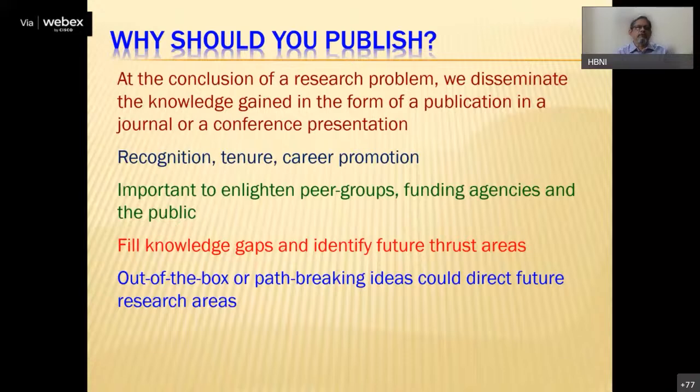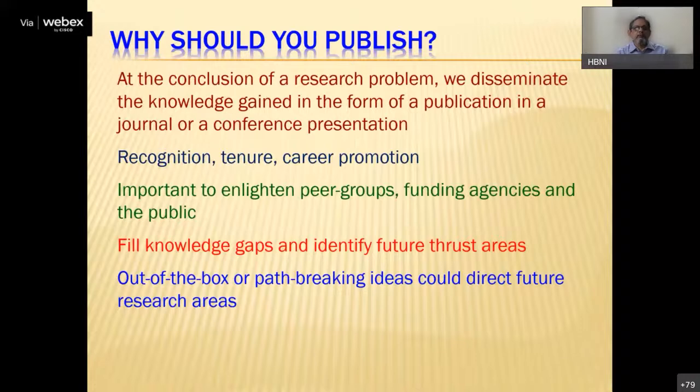Because most of us would say that you would like to get recognition for your work, maybe in the form of some awards, citations, or you may be interested in obtaining a tenure or an academic position, or you may already be a faculty member and you would be interested in getting a career promotion with the help of these publications. But this is only one part of the story.